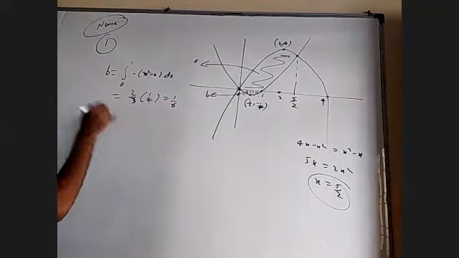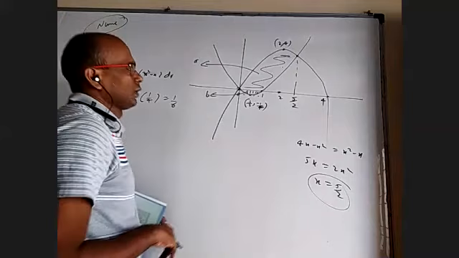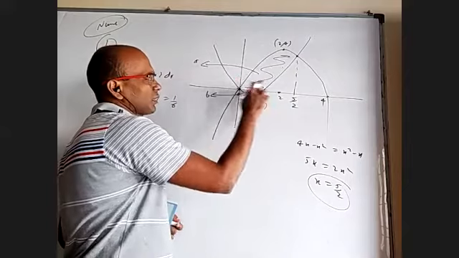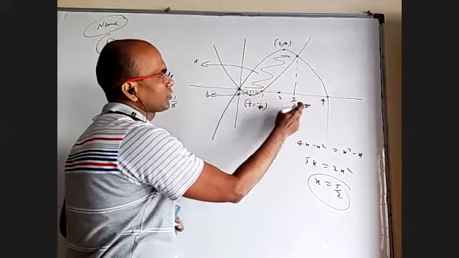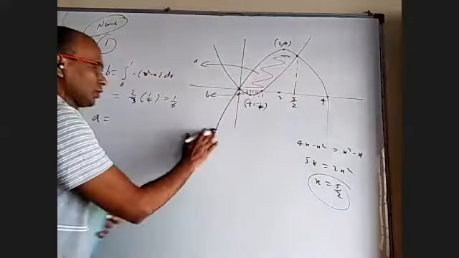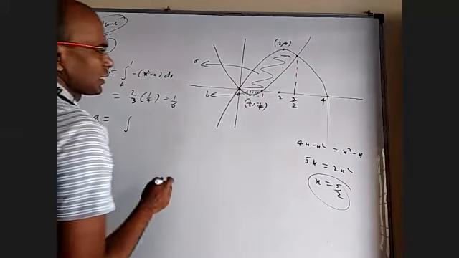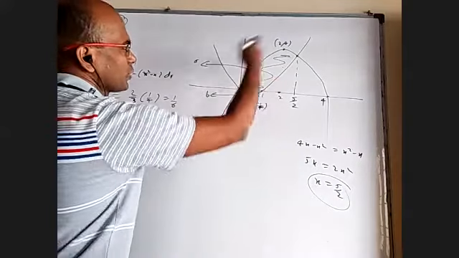Coming to A: between 0 to 1, the upper curve is this parabola and the lower curve is the x-axis only. But between 1 to 5 by 2, it is this parabola minus this parabola. So I can directly do 0 to 5 by 2 area under the parabola.